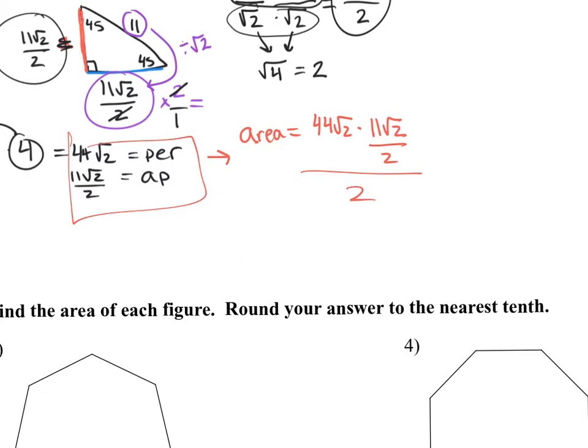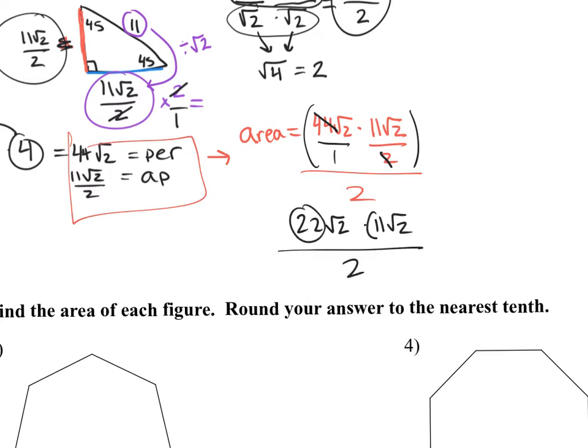Let's look at the top first. If I wanted to multiply this, I could start by cross-reducing here, and I get 22 root 2 times 11 root 2. And then if I go ahead and multiply, I have 22 times 11, which gives me 242.